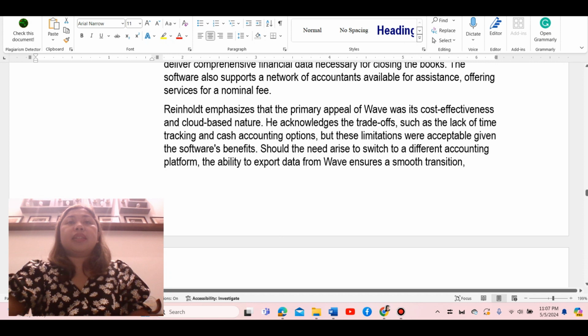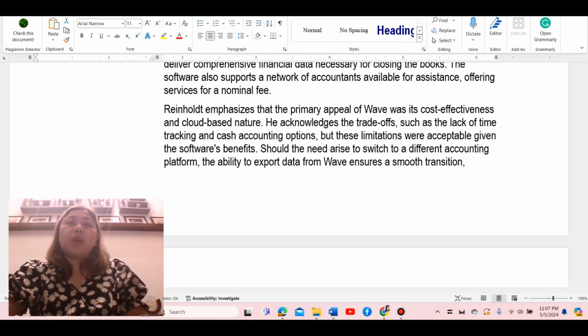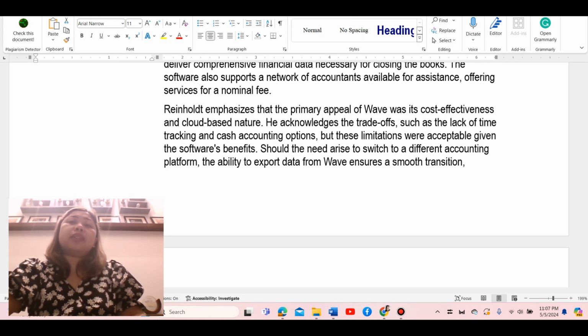Reynolds emphasizes that the primary appeal of Wave was its cost effectiveness and cloud-based nature. He acknowledges the trade-offs such as lack of time tracking and cash accounting options, but these limitations were acceptable given the software's benefits.